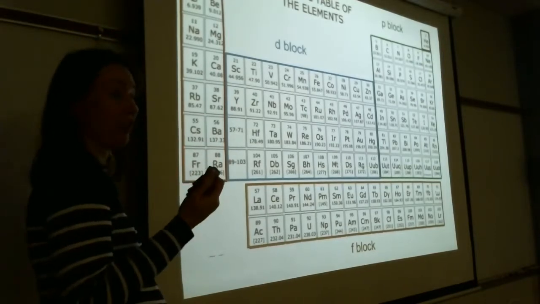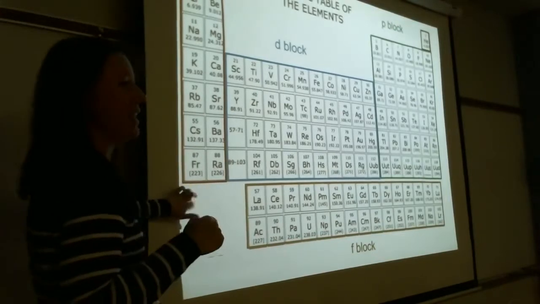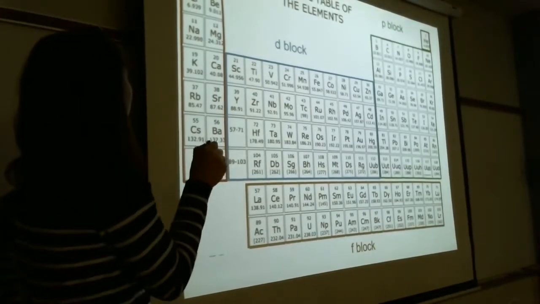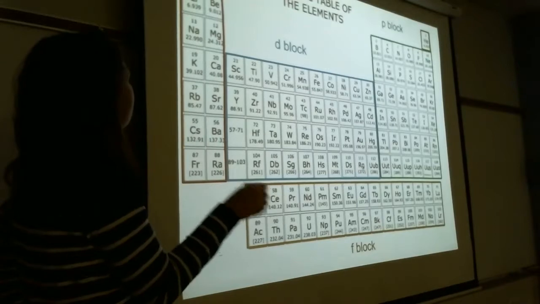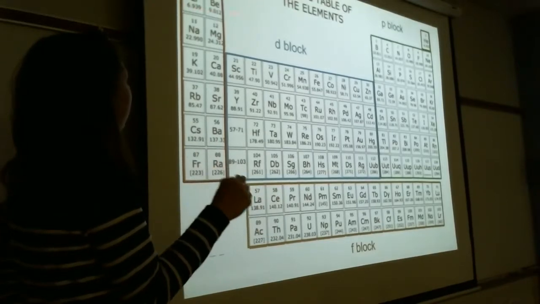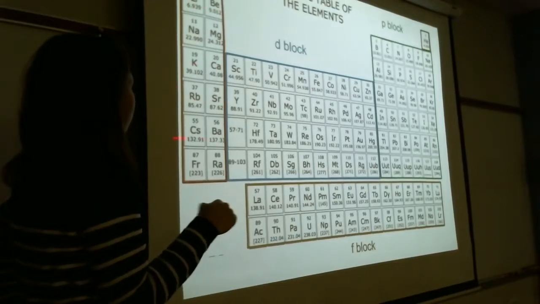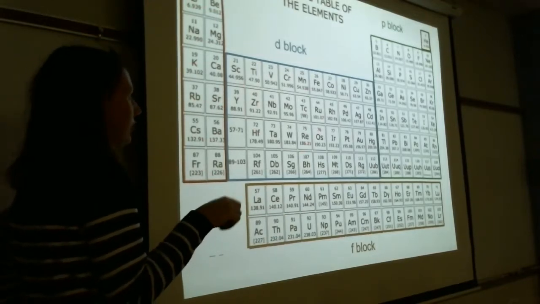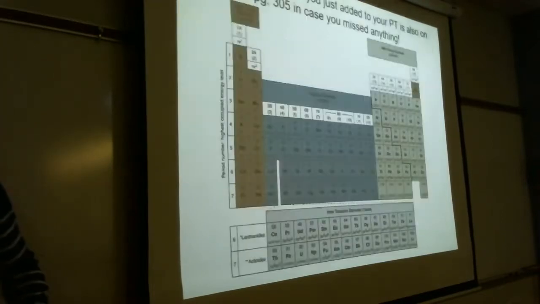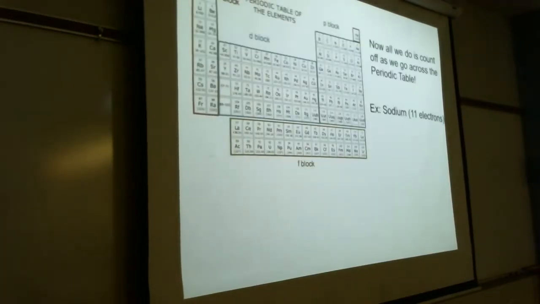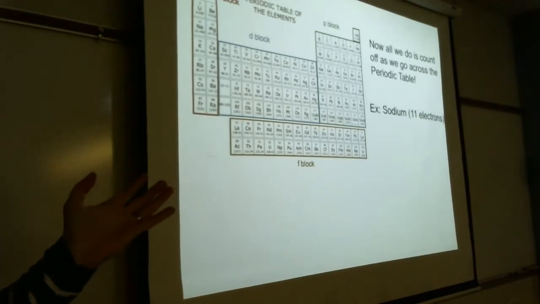Notice I said there's no such thing as an 8 because there are not 8 periods in the periodic table. So the value of n for this row is all 1. Value of n for all these would be 2. Value of n would be 3, 4, 5, 6, 7. Now there is an anomaly that occurs in the D block. We'll talk about it in a second. So this one comes from your textbook. So now we're just going to read off the periodic table.